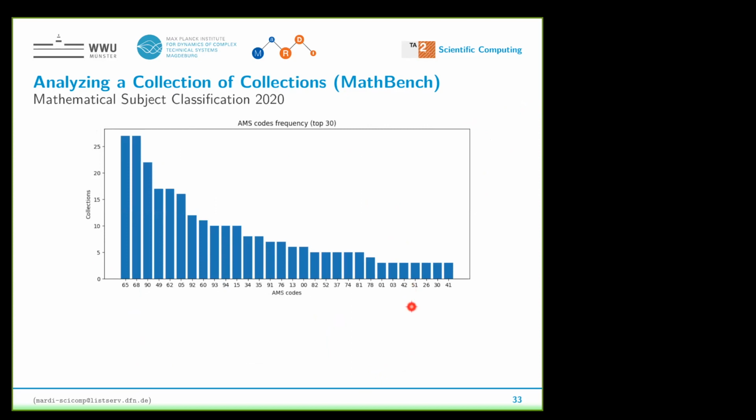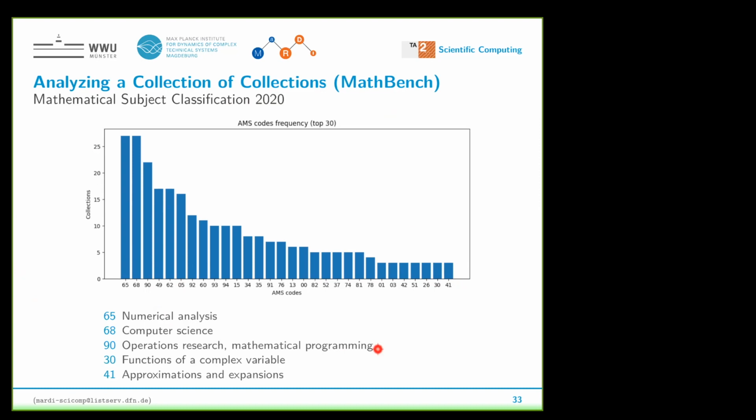Then we wanted to know a bit more about where in the math areas this actually is, and in order to do so, we looked at the Mathematics Subject Classification, which assigns numbers to certain fields. And if we look at the first three and the last two here, the first three are numerical analysis, computer science, operations research, and mathematical programming.